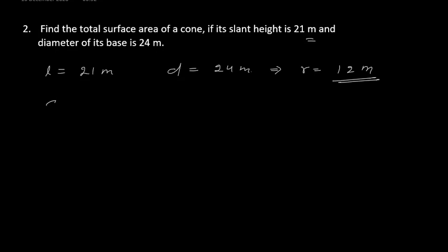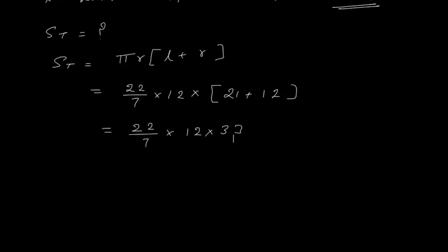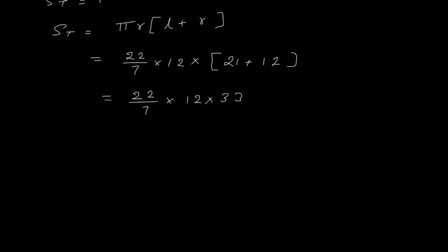So total surface area ST I have to calculate. We know the formula for total surface area. It is pi r into bracket l plus r. So let us put the values: 22 divided by 7 into r is 12 into l is 21 plus r is 12. So this is 22 divided by 7 into 12 into, here 2 plus 1 is 3 and 2 plus 1 is 3, so 33. So 22 into 12 into 33. Now we cannot cancel any number by 7.